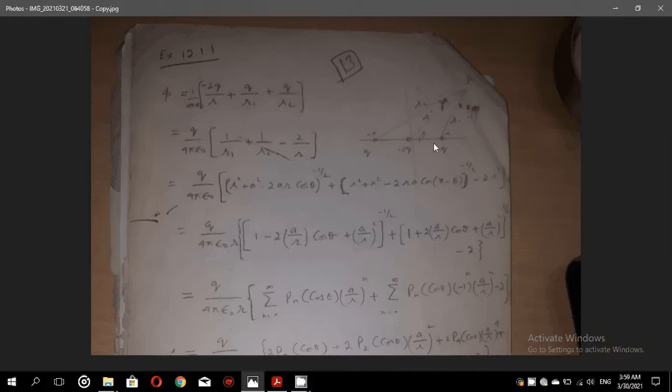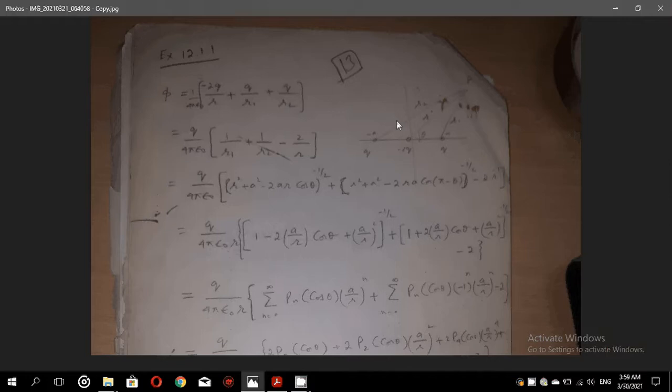Now using the cosine law for this triangle, in which we have the angle theta, the minus 2q charge on one corner, plus q charge on the other corner and the point P on the third corner, we get the value of 1 over r1 equal to (r square plus a square minus 2ar cos theta) to the power minus 1 over 2.